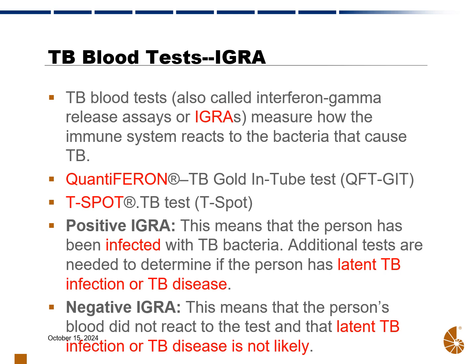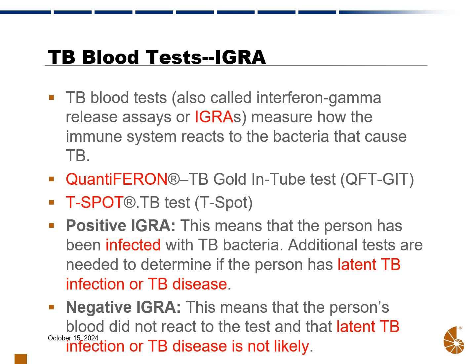There's another test called the T-SPOT, but most of the time I see QuantiFERON-TB Gold used. A positive blood test means that the person has been infected with TB bacteria, but you won't know whether they have latent TB infection or TB disease.